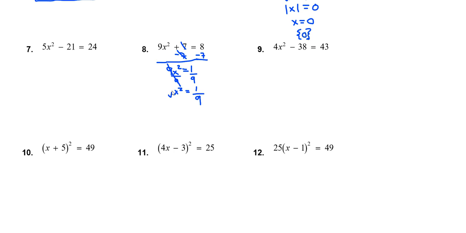The square root of 1 is 1. The square root of 9 is 3. So in this one, what two numbers could I plug in to get out a positive 1/3? Well, I could plug in a negative 1/3 because the absolute value of that is 1/3, or a positive 1/3 because the absolute value of positive 1/3 is also 1/3. So my two solutions here are negative 1/3 or positive 1/3.